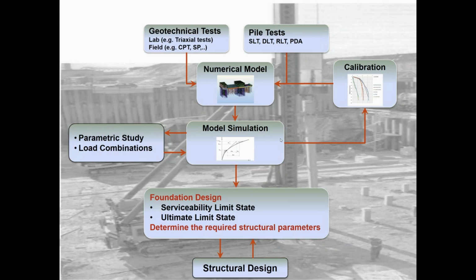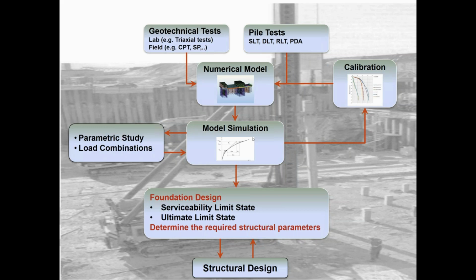The workflow to model a pile raft foundation would start by creating a numerical model and feeding it with input parameters coming from geotechnical tests, whether from lab, field tests, or from single pile tests. At this stage, a calibration process is possible. So basically, you would start with a single pile test model that you would calibrate and then go for the full model.